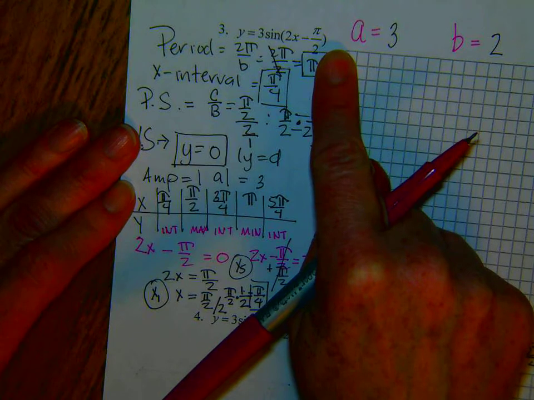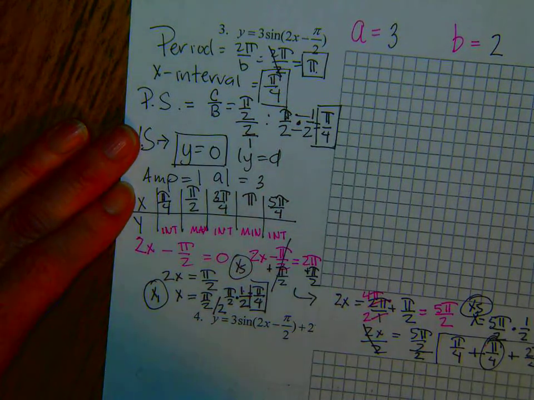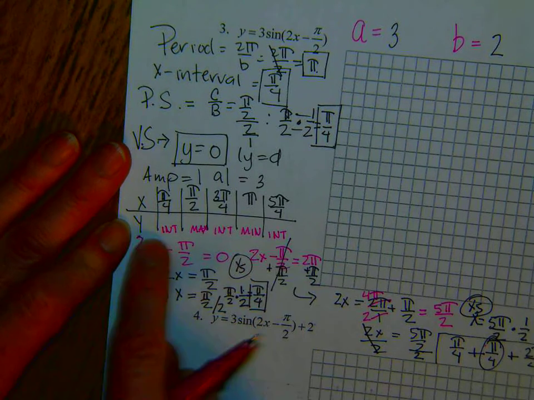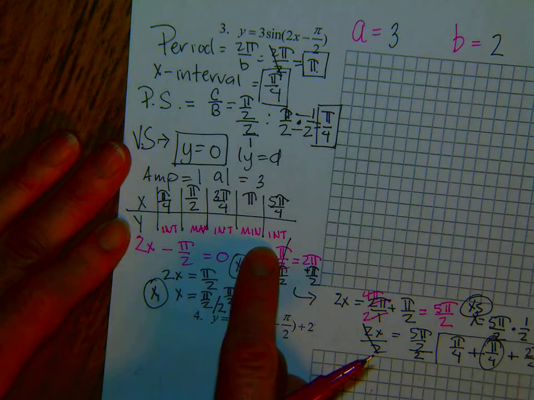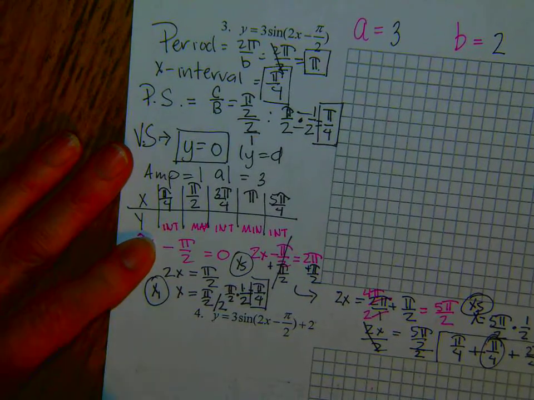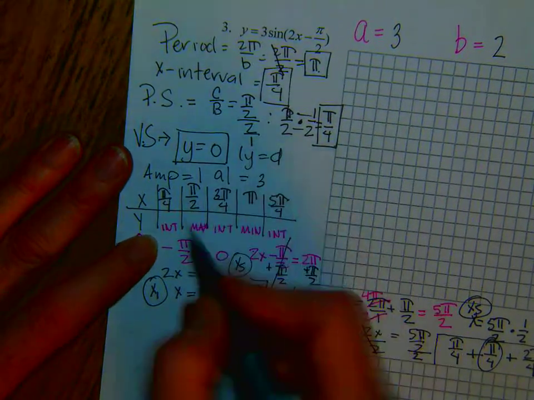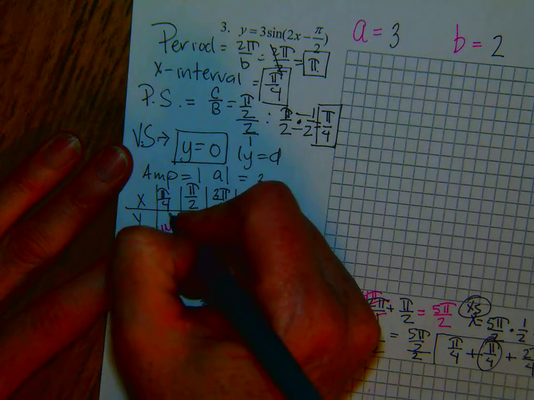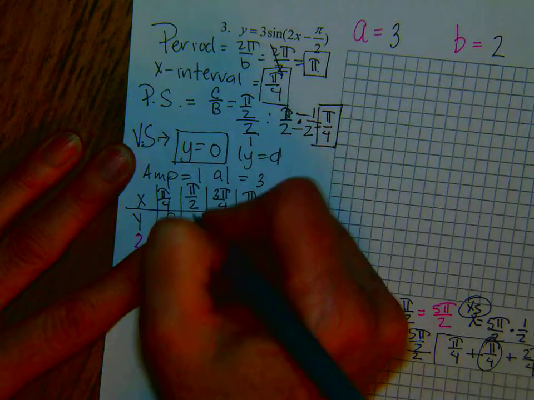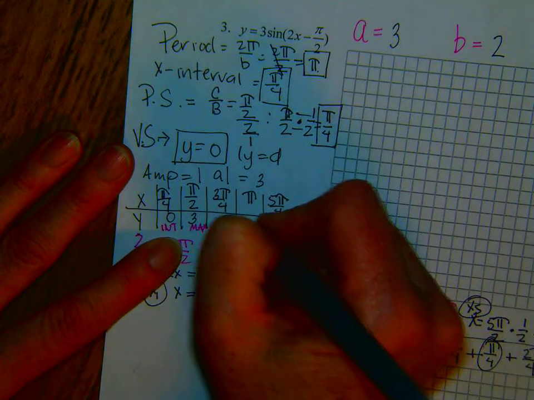Therefore, my y values are only dependent on the amplitude. So I don't have to do a d function here because my d value is 0, y equals 0. I don't have to add to it. So I can just put in my amplitude, which is 3. So my interval is going to be 0, 0, 0. My maximum is going to be 3. My minimum is going to be -3.